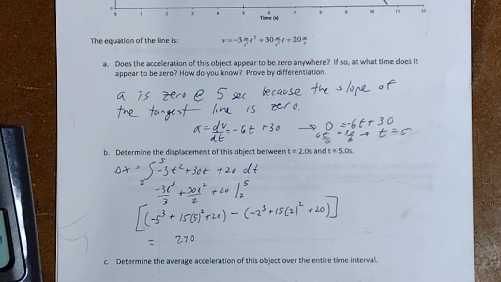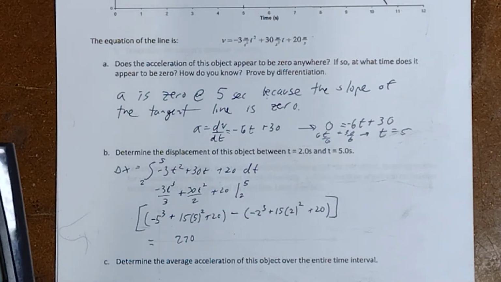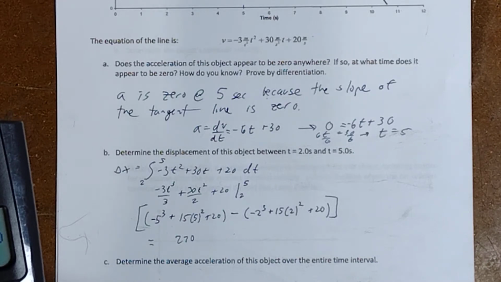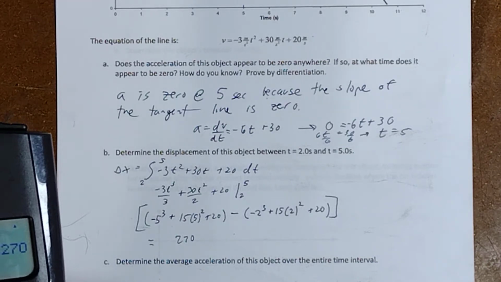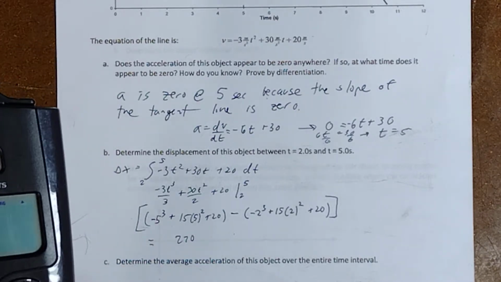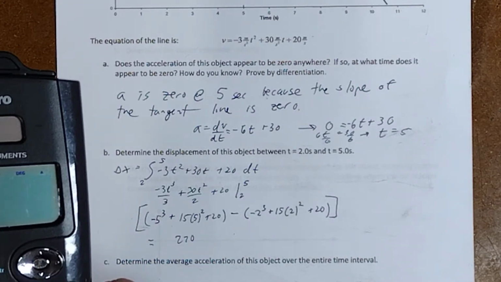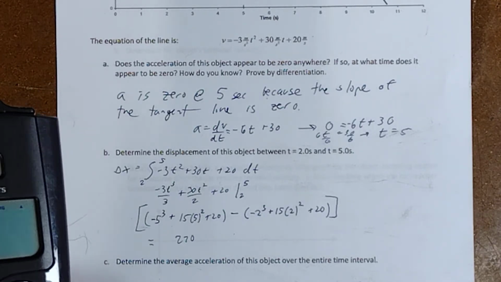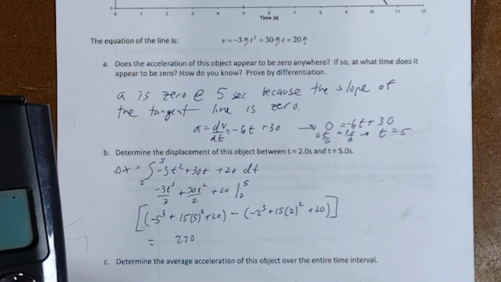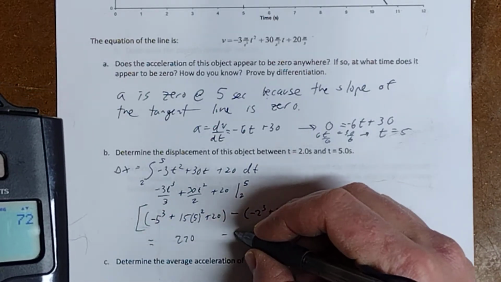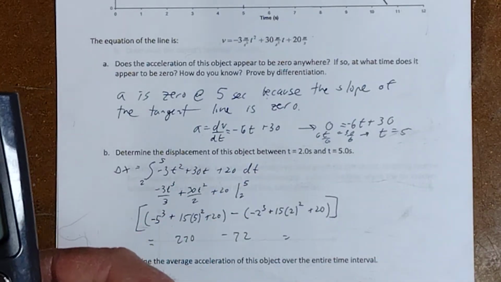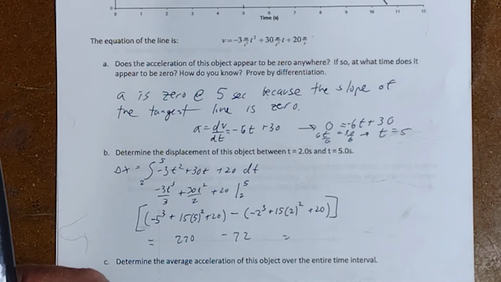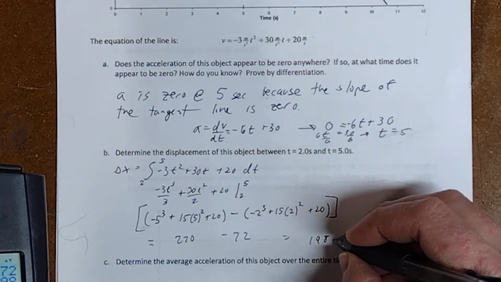Minus negative 2 cubed plus 15 times 2 squared, which is 4. That is 72. 270 minus 72 is about 198.